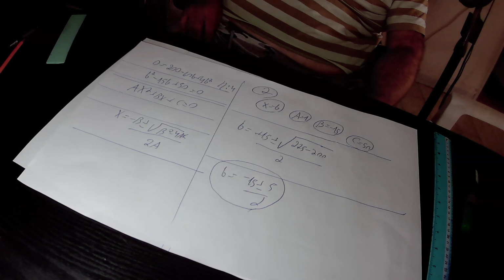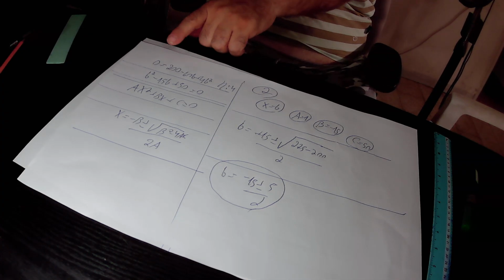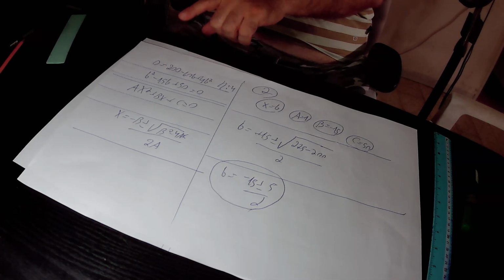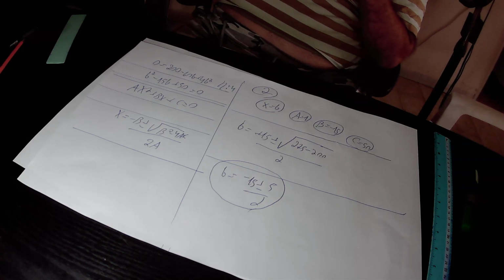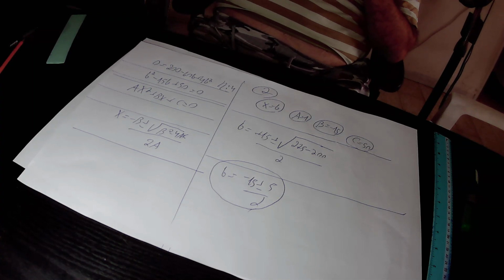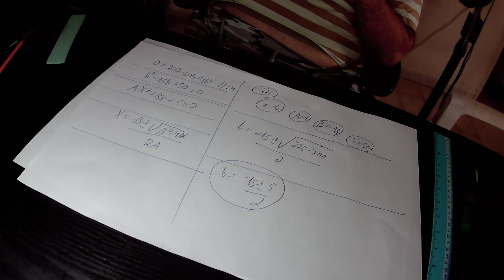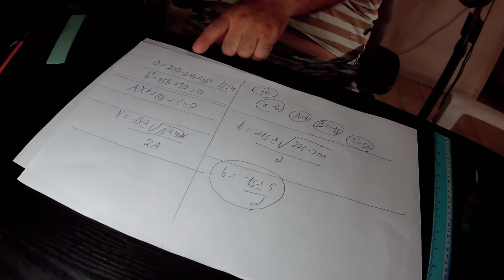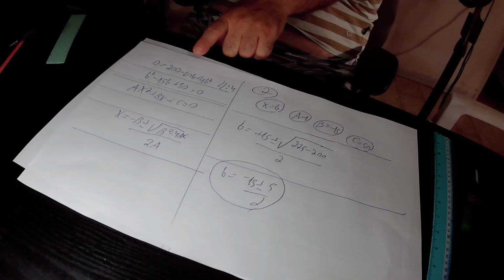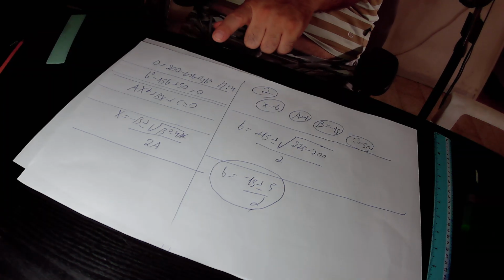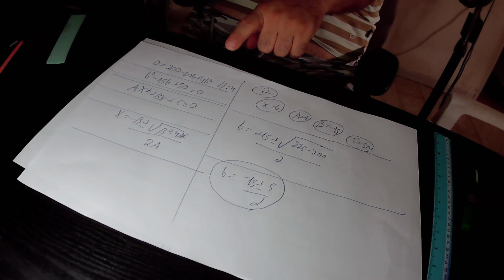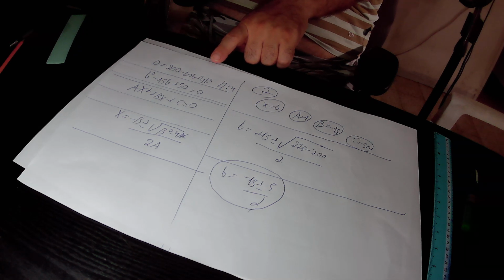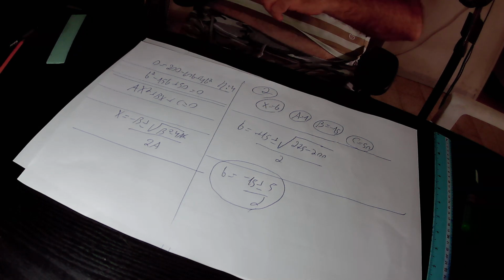In our specific quadratic equation, the variable that we are looking for is small b, the coefficient a equals 1, the coefficient capital B equals minus 15, and finally the coefficient capital C equals 50.